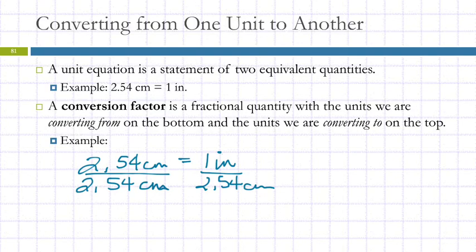It's still equal. What's 2.54 divided by 2.54? 1. So we'd say those cancel out. That's 1. What's centimeters divided by centimeters? 1. Anything divided by itself is 1. X over x is 1. Okay? Anything.